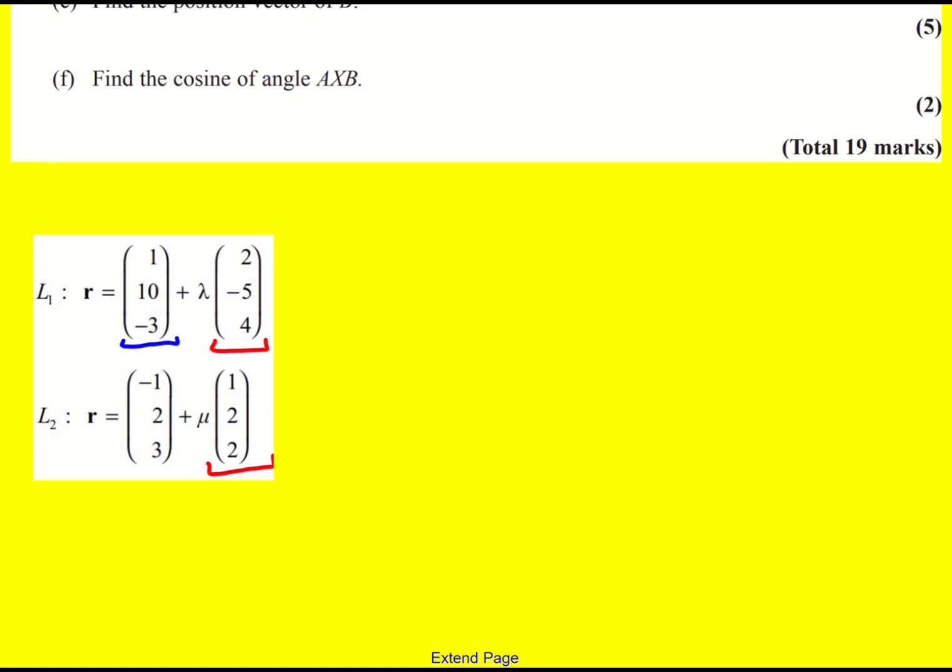Okay, so to deal with this, what we can do is assume that they actually do intersect. Assume L1 and L2 intersect.